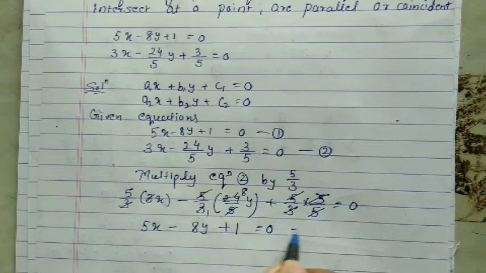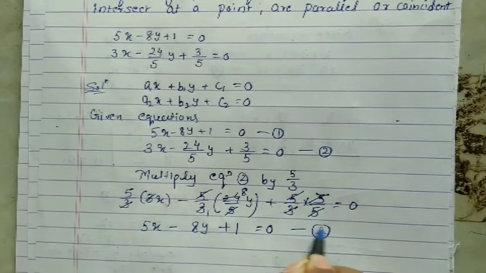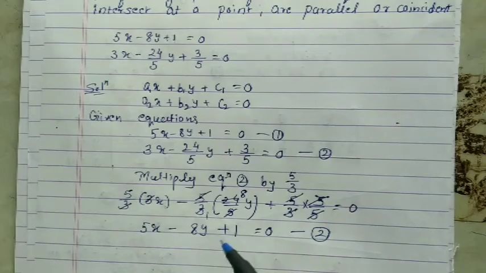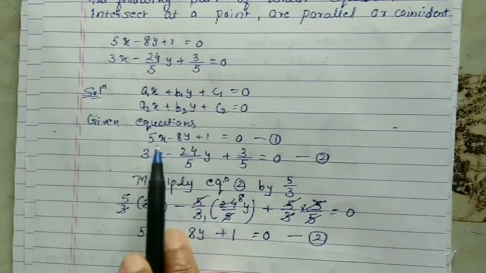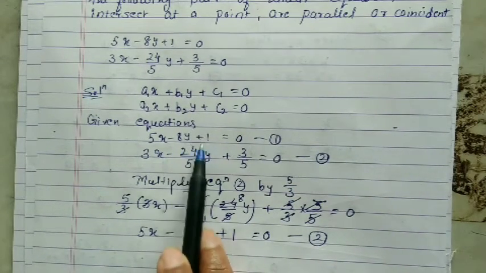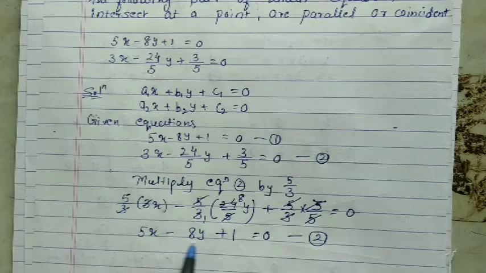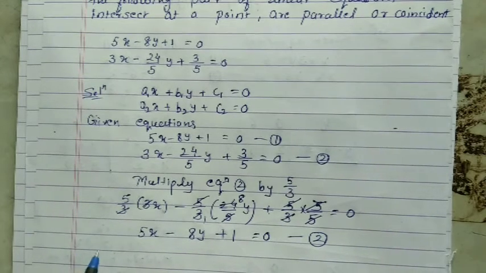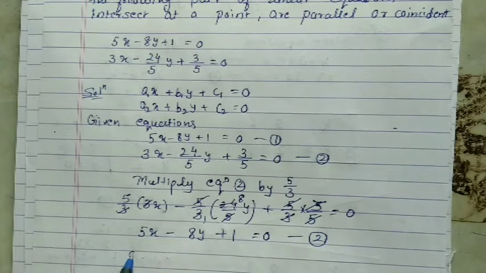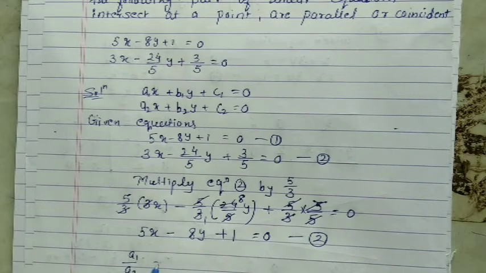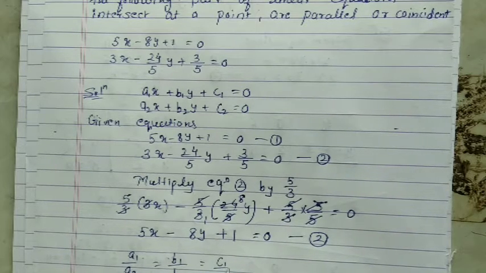Now we are having a second equation like this. So you can see that the equation 1, that is also 5x minus 8y plus 1, is equal to 0. Now comparing ratio. What is the ratio we are going to compare? That is a1 upon a2, b1 upon b2 and c1 upon c2.